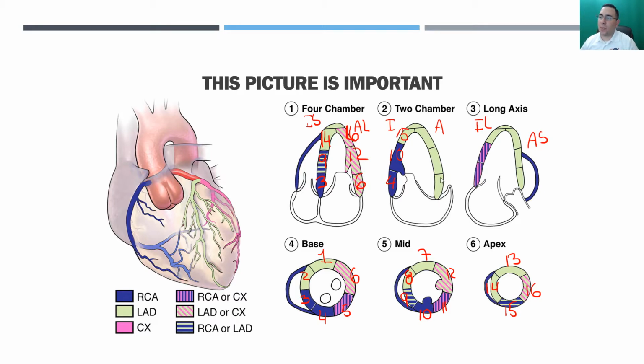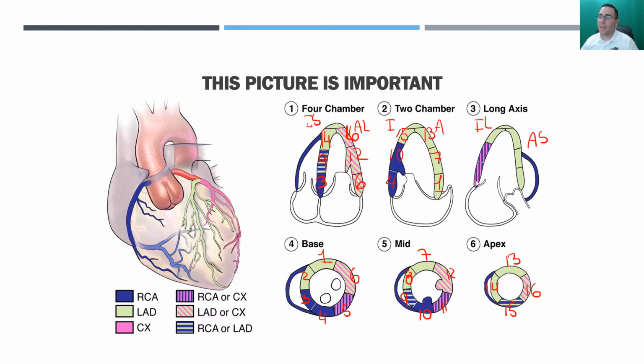So how about this one here? It has to be basal anterior. That will be number 1. This one will be mid anterior, which is going to be number 7. And this one has to be what? Apical anterior, which is number 13 in here.